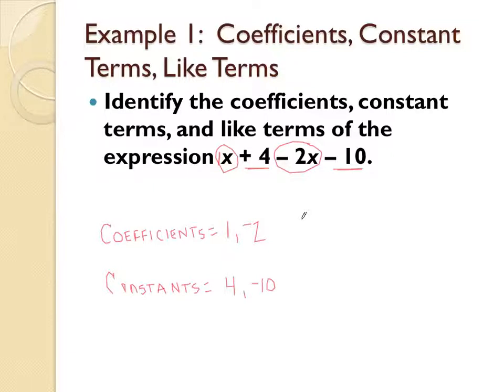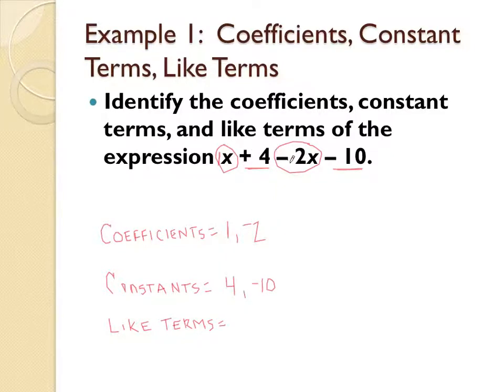All right, and then finally the last thing I need to identify are my like terms. So go ahead and jot that down. Okay, and since I've already color coded, or in this case I used different shapes, I already know my like terms.